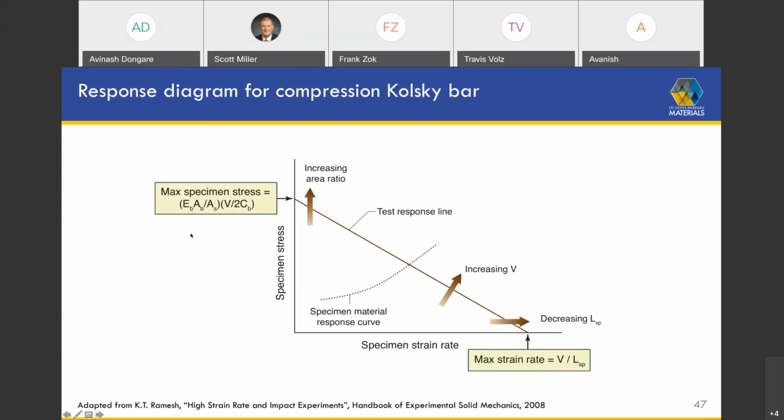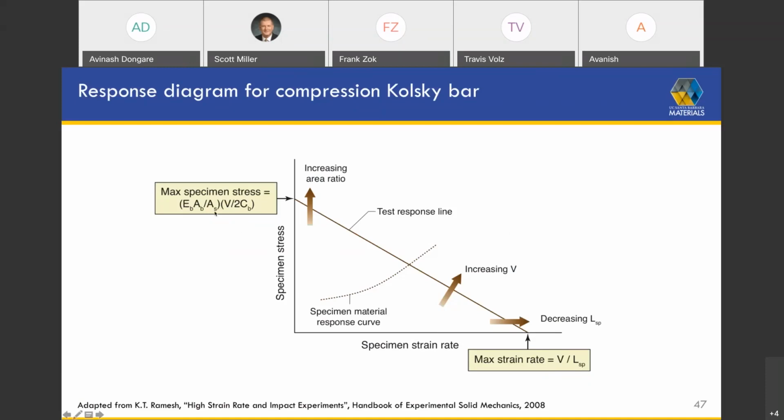Now, if you take a look at the quantity EB times V over 2CB, what you find is that that is equal to the stress in the incident bar. And so let's say, for the sake of argument, that that's on the order of a GPa at the highest velocity we can practically use.